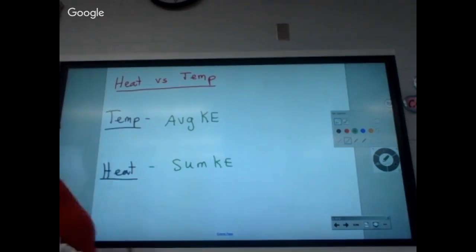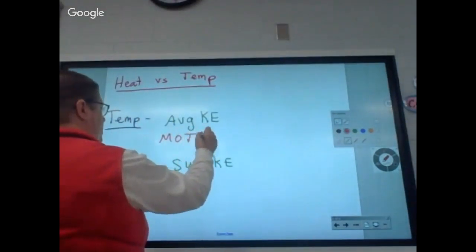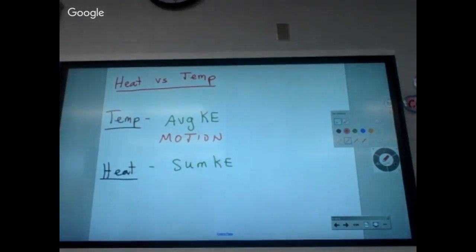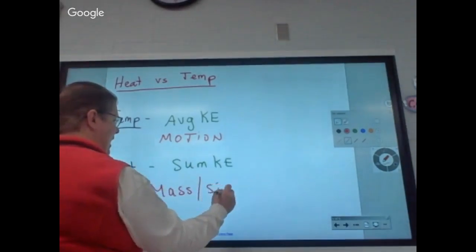Moving. So temperature is all about the motion of the molecules. And to decide if something has more or less heat, we look to see what about the object? The size. Heat is about its mass or its size.